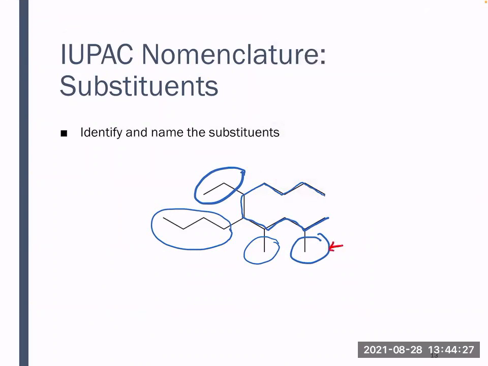This substituent has just 1 carbon. So this is a methyl group. This substituent also just has 1 carbon. So it's also a methyl group. This substituent here has 4 carbons. 1, 2, 3, 4. So that would be a butyl group. And this substituent here has 2 carbons. So we call this an ethyl group.